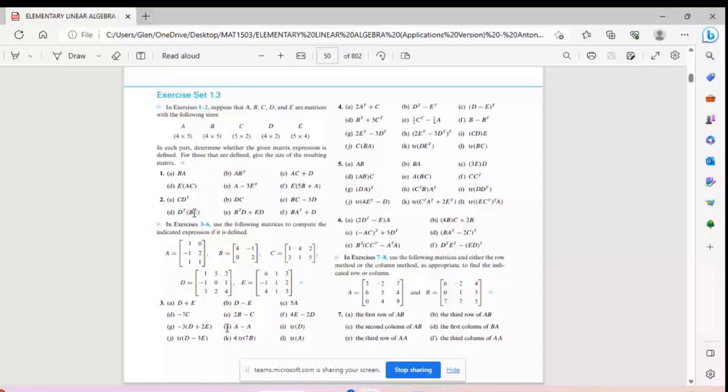What did you get as an answer, brother? For 4A, I get a matrix of 3, 2, 4, 3, 5, 7. The matrix is 2 rows, 3 columns, yes? Yes, sir.